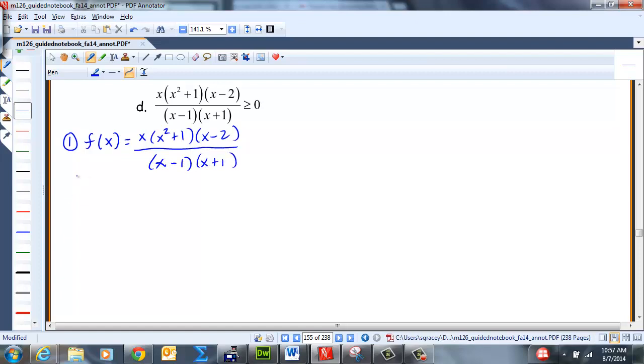And then what are we excluding? Good. We can't have plus or minus 1, so those are excluded values. All right, second up, we need to find the zeros. The zeros will be when the numerator is 0.